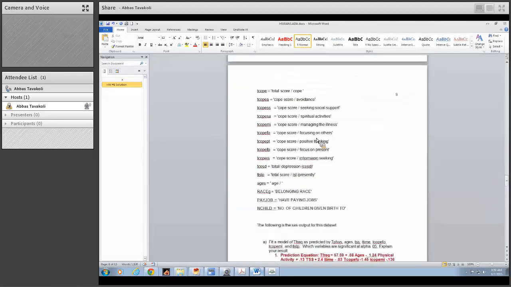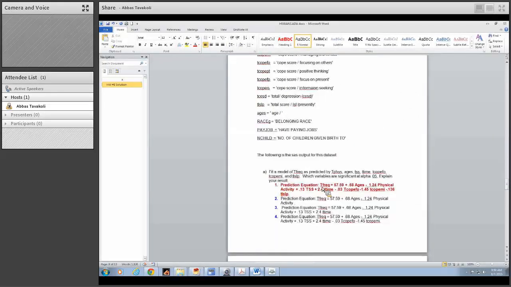The third question, we have 62 women with HIV and a survey regarding symptom management, coping, and depression. So these are all variables. And now we fit the model T freak as predicted by T physics, age, TSS, time, and so on, all 7 of those variables.